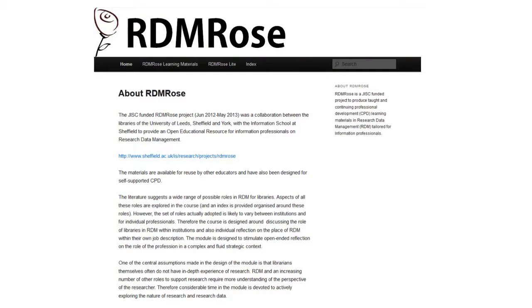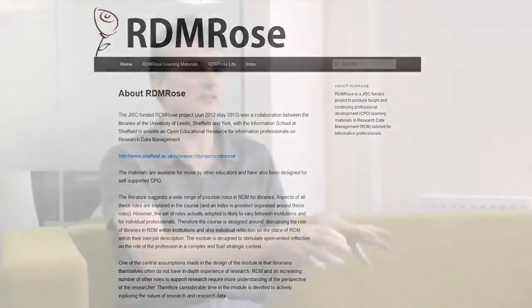Anyone can use or reuse the learning materials, be that for your own self-supported study, or you might want to reuse them to teach other librarians or colleagues in the library, or other information industry learning providers can also reuse the materials on a share-alike license.